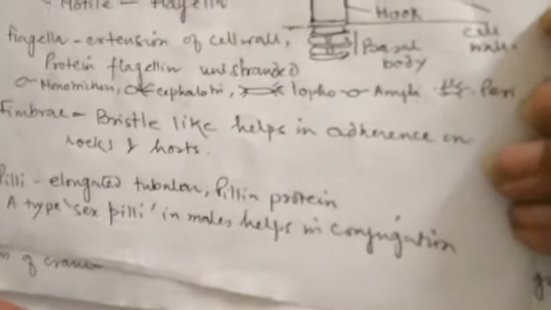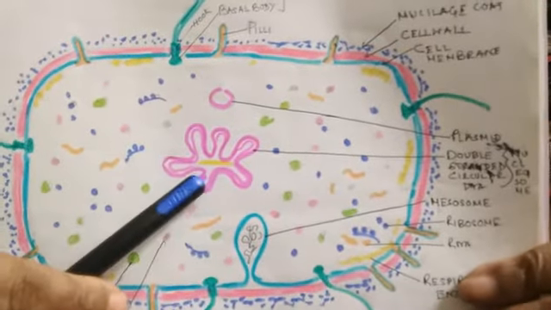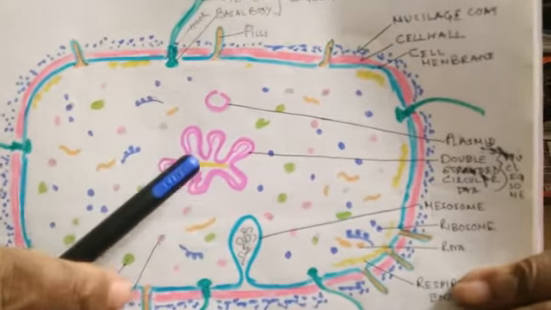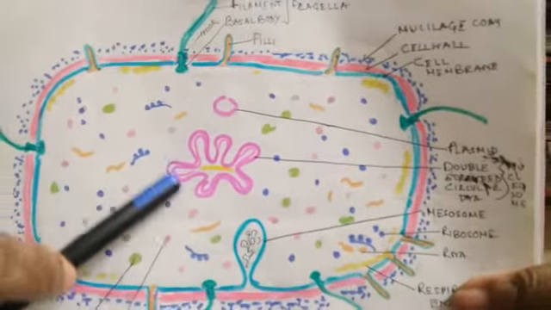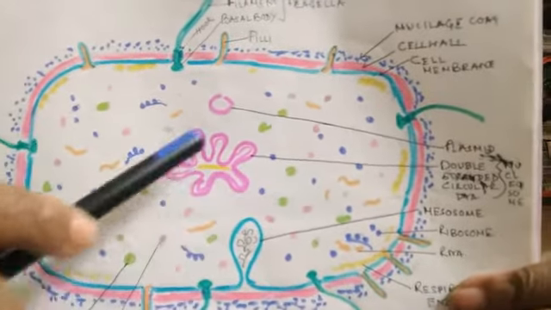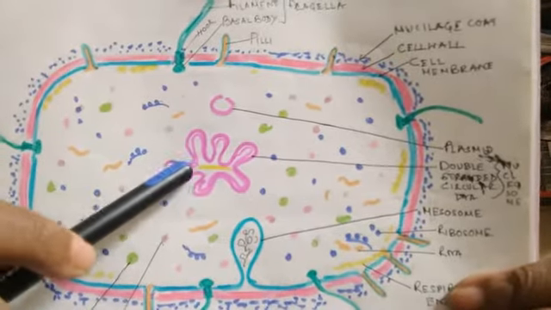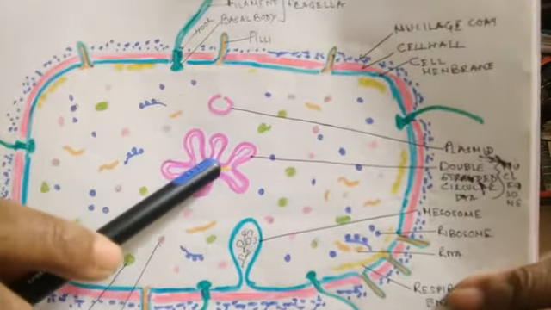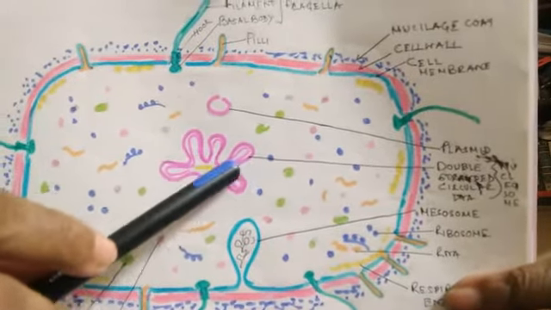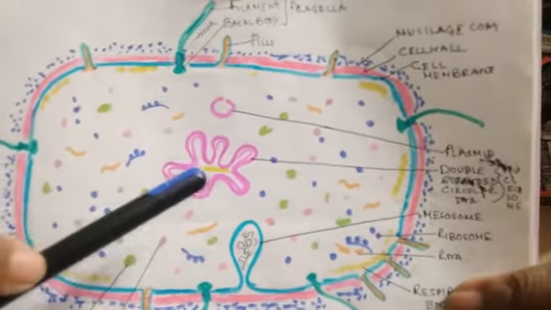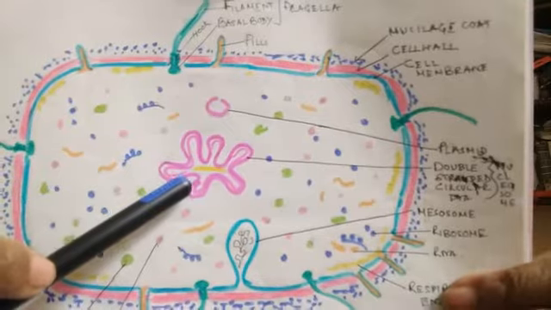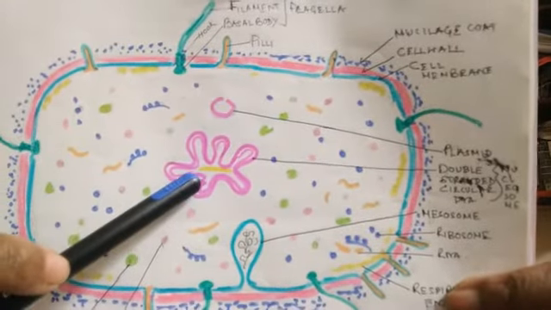Next we will see the nucleoid. We know that prokaryotic cells do not have a well-developed nucleus. It contains a single circular double-stranded DNA, but it is not spread throughout the cell. Though it is a single circular double-stranded DNA, it does not form chromosomes.